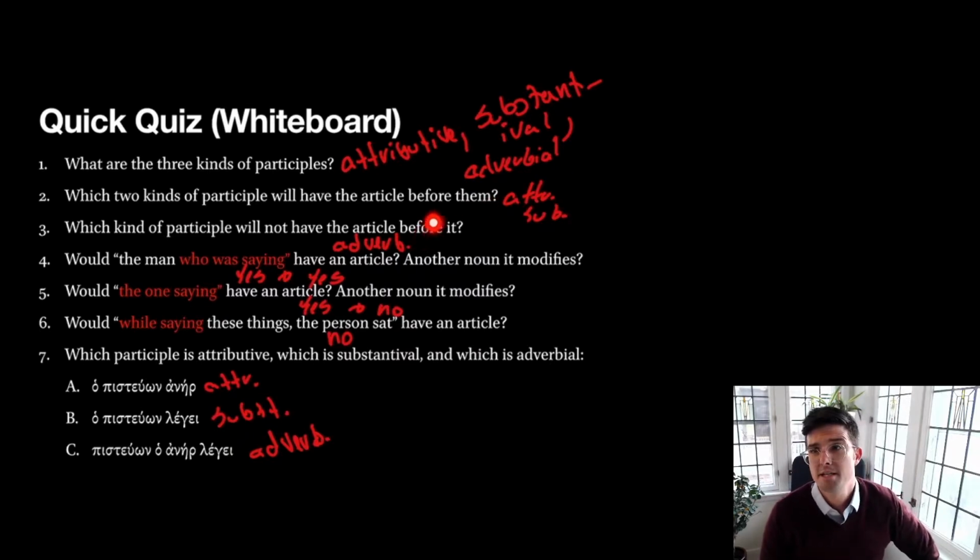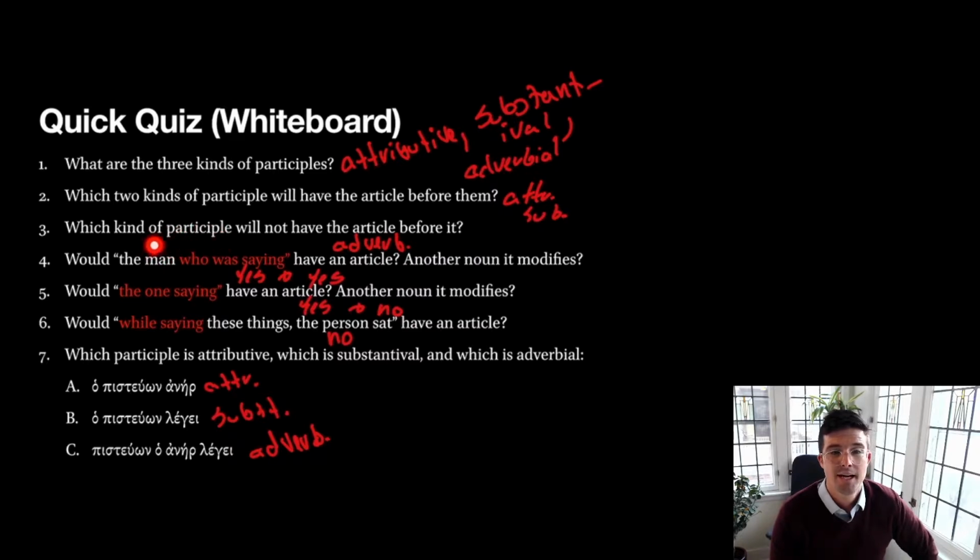Which kind of participle will not have the article before it? Adverbial participles. Would the phrase 'the man who was saying' have an article before it? Yes, it would, because it's an attributive participle that's modifying another noun. So the other answer is yes. The man is the other noun that it's modifying.